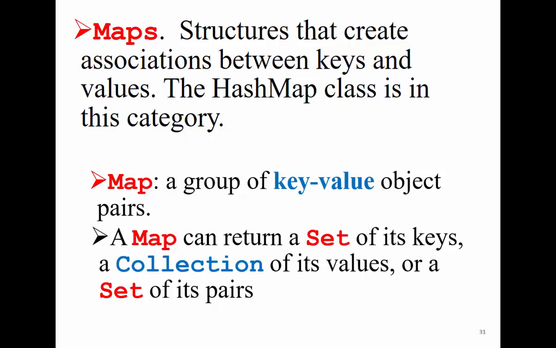You're not keeping all their digits in your memory. You press the name, then you find the actual digits of your friend's phone number. So the map can return a set of its keys or a set of the values that it contains.